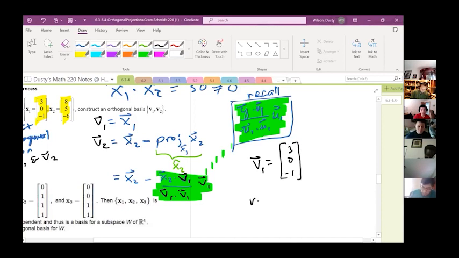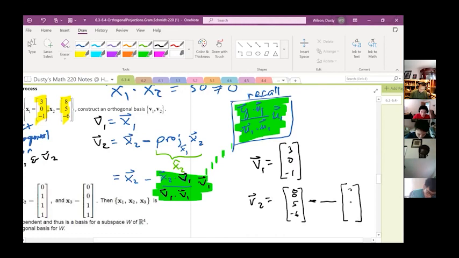And we're saying that v2 is equal to x2, 8, 5, negative 6, minus a fraction times v1, which is the 3, 0, negative 1. What is the x2 minus v1? What's my numerator? What's my denominator here?